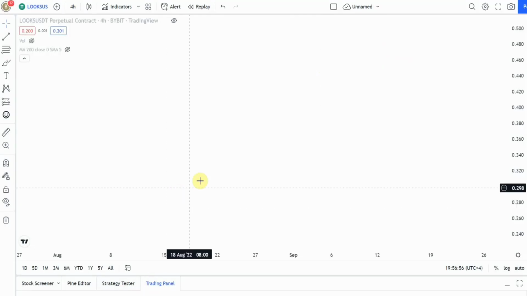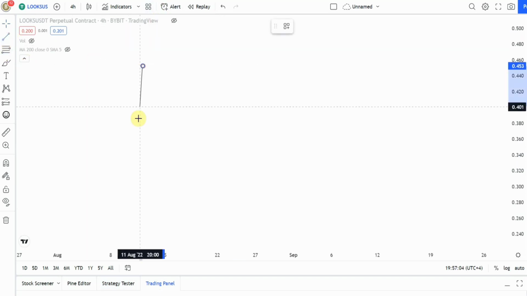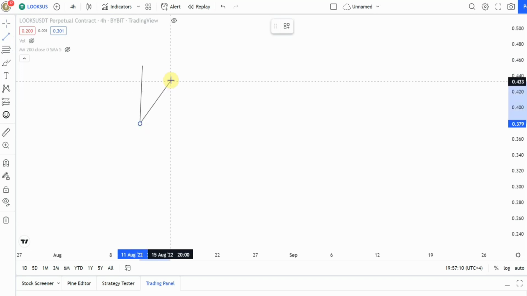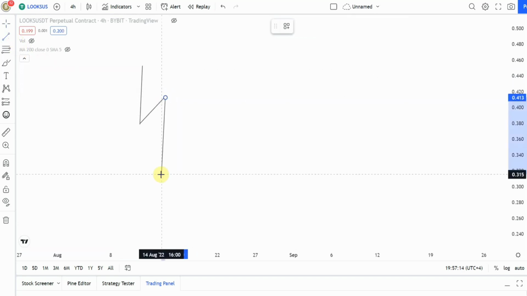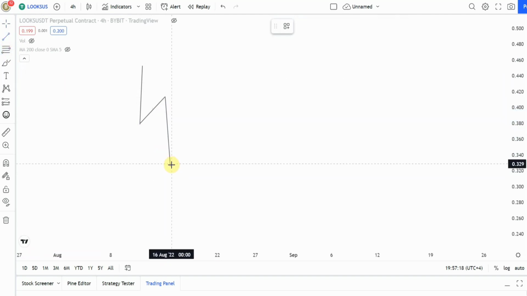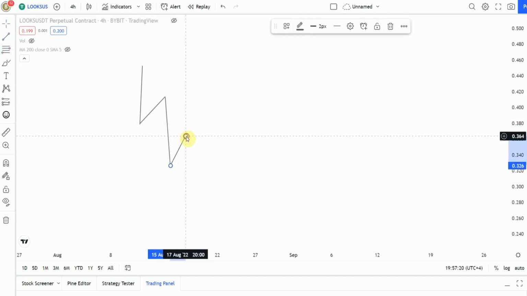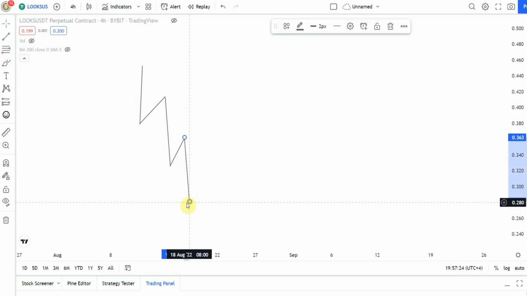You need to check whether the market is making lower lows. If we have several lower lows, then the market is bearish, like if we have something like this, from here we'll have something like this, then something again like this below, and again like this, and down below.